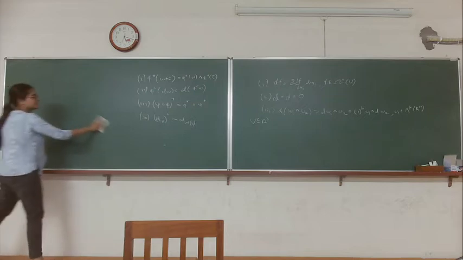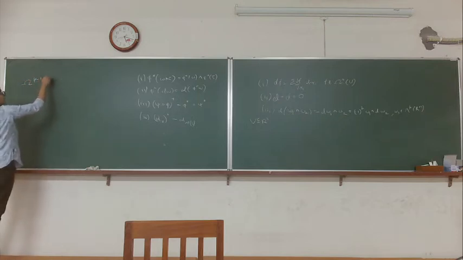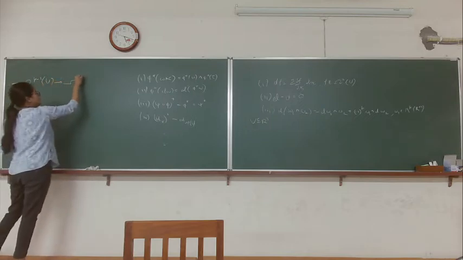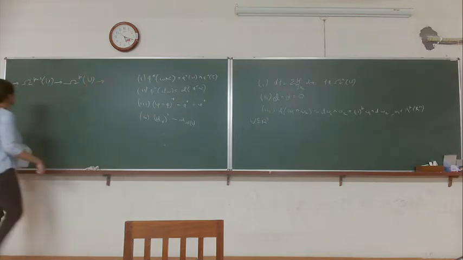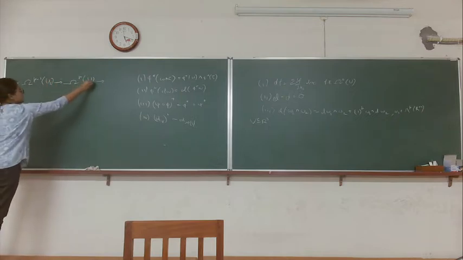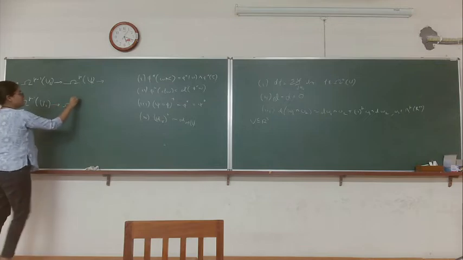The fact that phi star commutes with d makes it a cochain map between two cochain complexes. By that I mean this one. This is a map, and it goes on like this: Ω^(p-1)(U1) to Ω^p(U1).